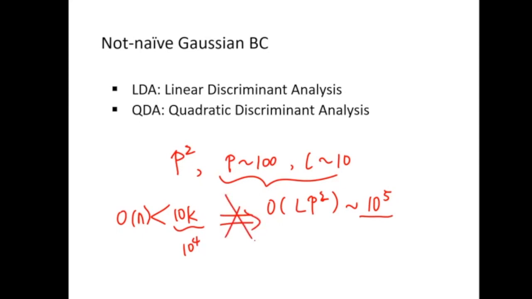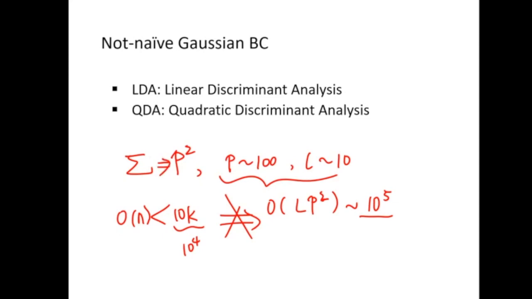So you want to reduce the p quadratic parameter space. How do you do it? There are many ways.